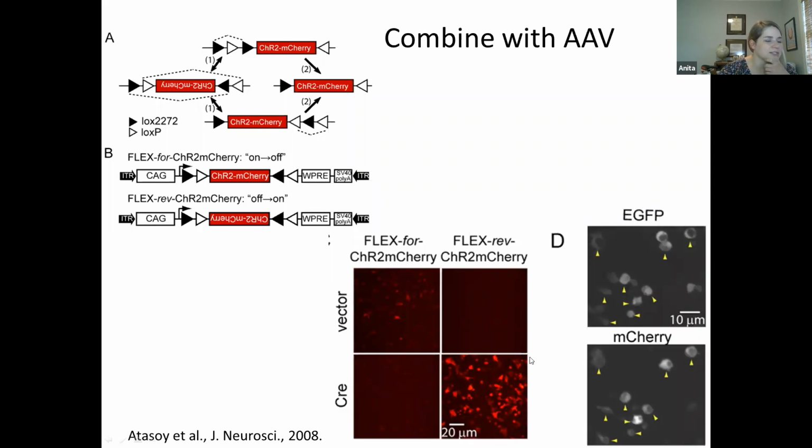So it was normally not expressed, and in the presence of CRE, you got expression of channelrhodopsin and the mCherry tag. This platform is now what most people are using to get expression of channelrhodopsin and other things: DREADDs and GCaMP and reporters, all kinds of stuff.